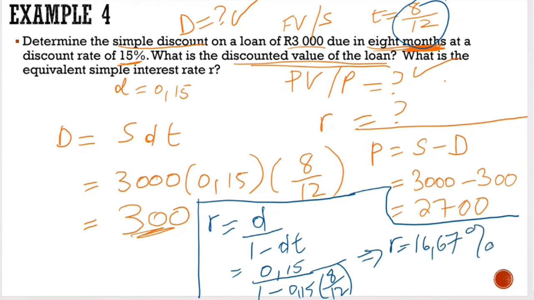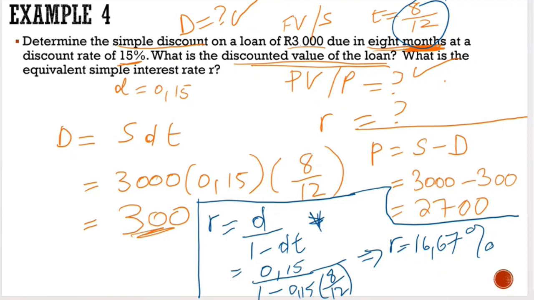Okay, that is your equivalent interest rate if you are calculating an interest rate when you are given a discount. Always remember this formula. You don't need to stress and try to derive things. Here is a formula. It's already been derived for you.